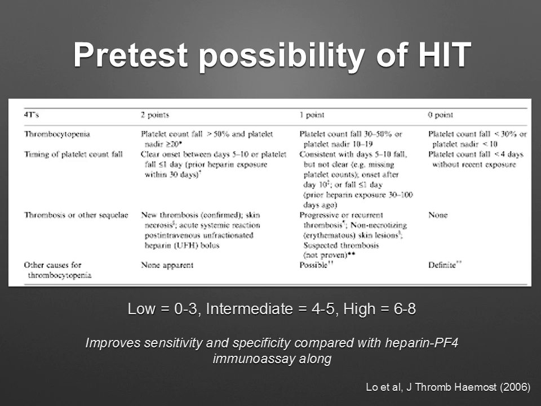In terms of trying to make the diagnosis of heparin-induced thrombocytopenia, it's all about trying to put it into clinical context and to improve the sensitivity and specificity as quickly as possible.